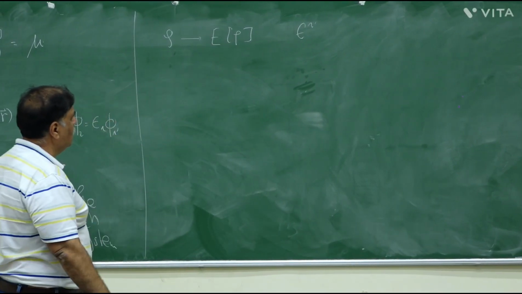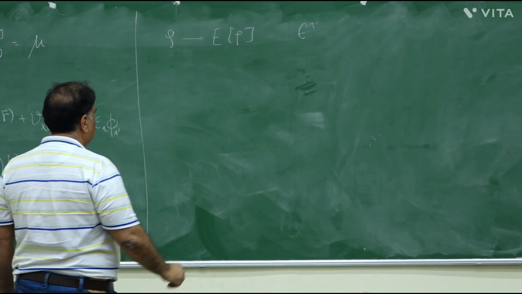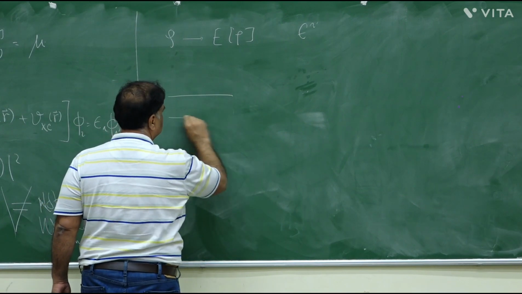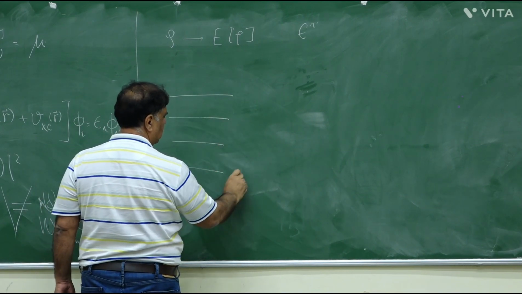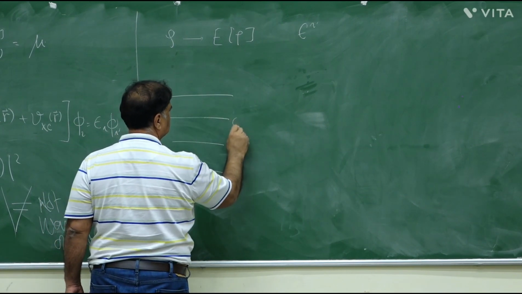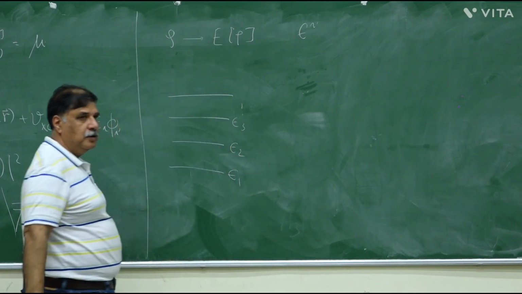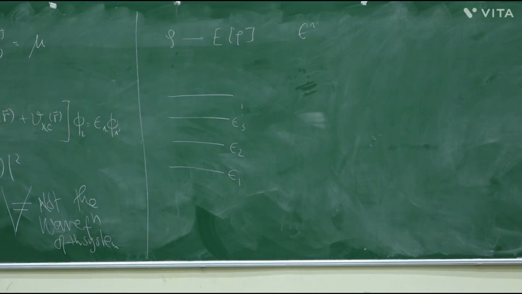Now, this is an auxiliary system, so you have these epsilon_i's, epsilon_1, epsilon_2, epsilon_3, and so on, and they have absolutely no meaning. They're just appearing as some numbers.